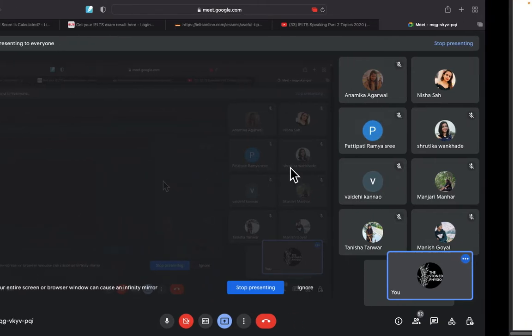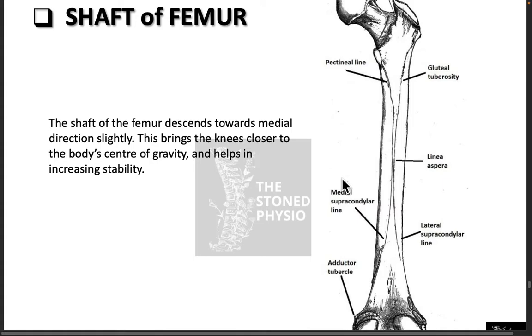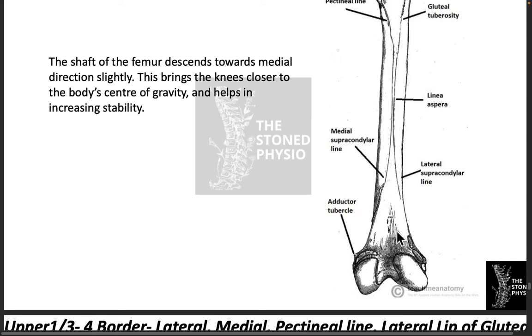So here, if we talk about the shaft of femur, the proximal part of the shaft has got four borders and four surfaces. In the mid part of the shaft of femur, we have only three borders and three surfaces, and in the distal part again we have three borders and three surfaces.